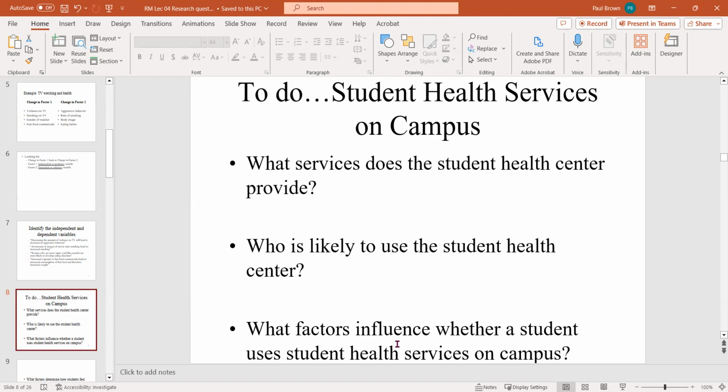So essentially what you're doing is going through and identifying all the different types of independent variables that would lead to your dependent variable.